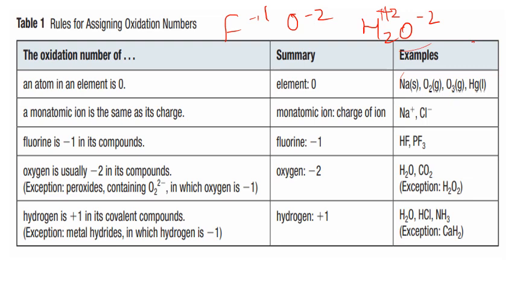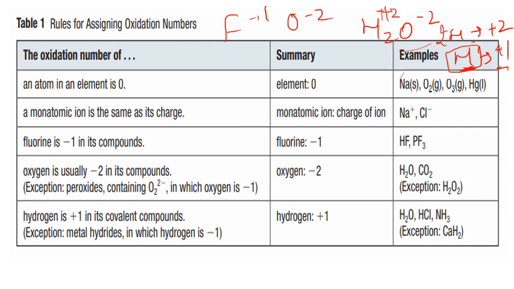So one hydrogen will have plus 1 oxidation number. So if the examiner asks you to calculate the oxidation number of H in this water molecule, you will say it's plus 1, right?